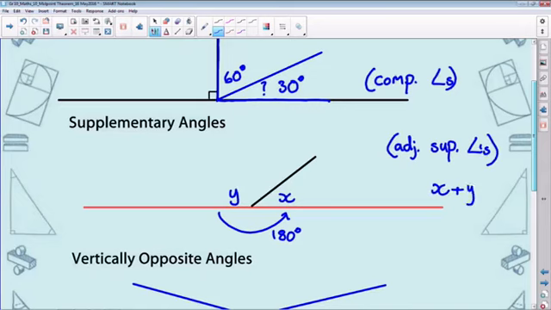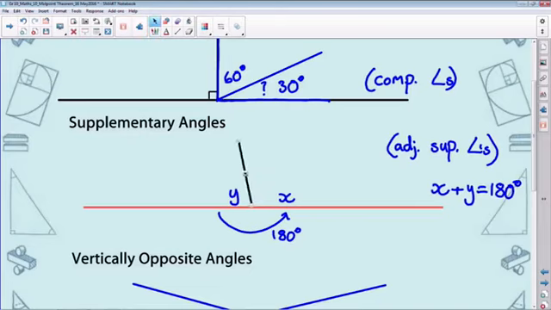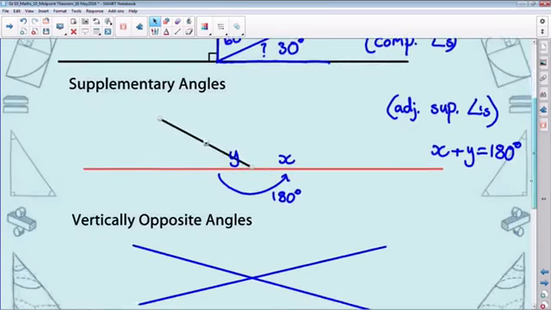So x plus y will equal 180 degrees. Even if I were to move this like that, still x plus y equals 180 degrees. And if I were to make x very small, x plus y still equals 180 degrees. And y very, very small, it still equals 180 degrees.